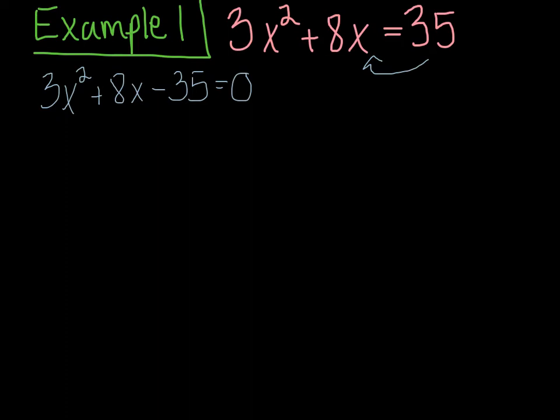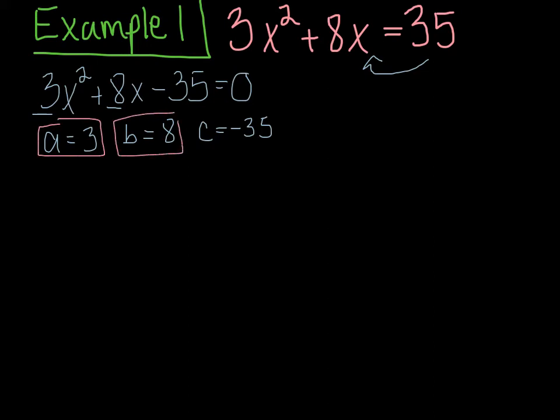Now, once we're in standard form, we need to label our a, which is 3, the b, which is 8, and c, which is now negative 35. We're going to use these three pieces in our quadratic formula.